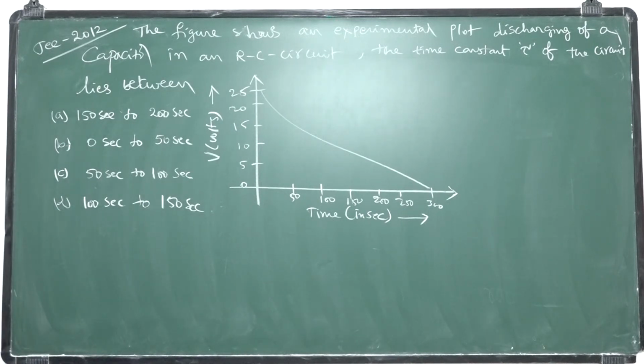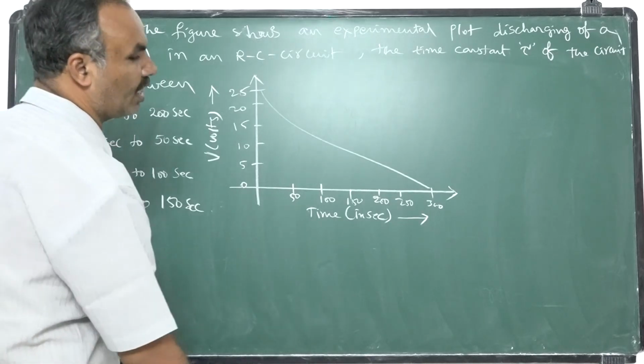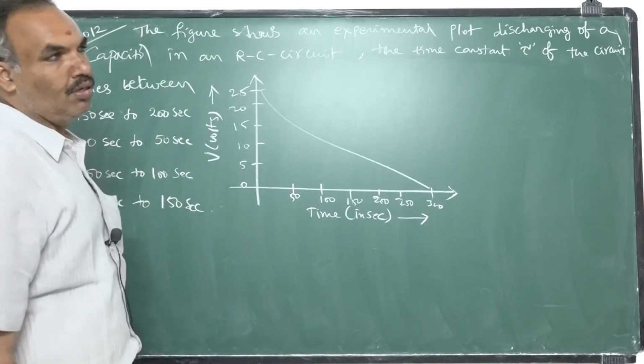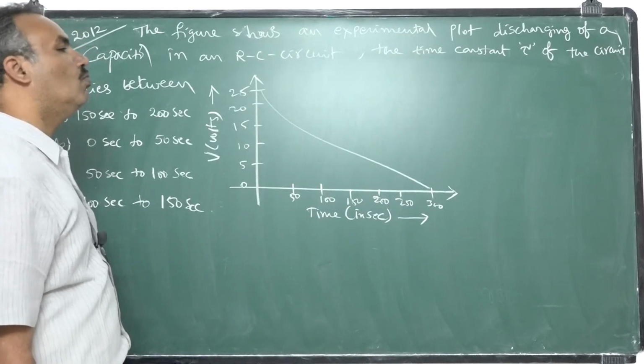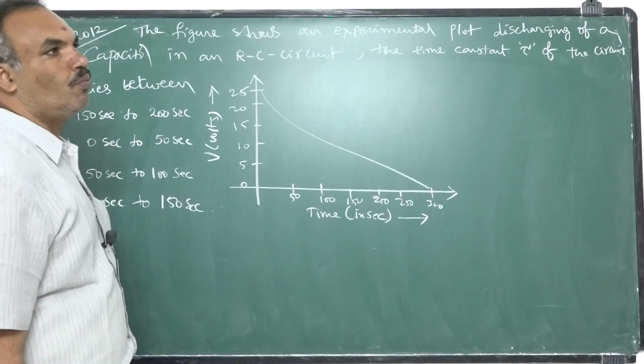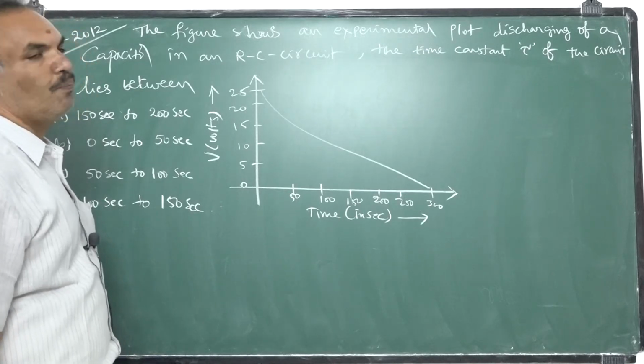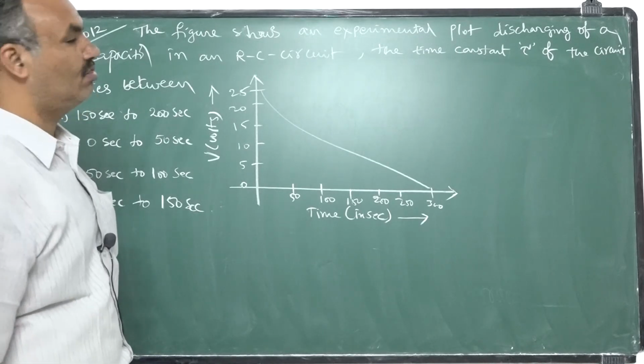Solution also simple. Observe the graph clearly. From the graph, you can calculate the time constant. You know that the time constant is the time taken by the circuit to decrease its current value or the charge value to 37% of the initial value.